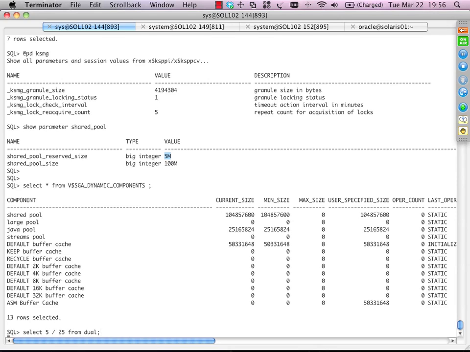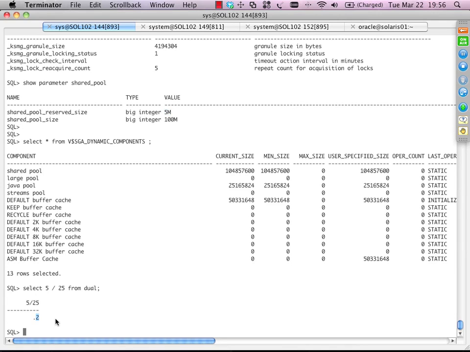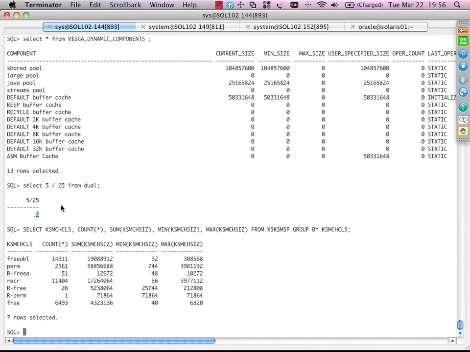About 200 kilobytes per granule, right? So I have about 200 kilobytes per granule. So when I start up, yes, Oracle allocates 5 megabytes of reserved area. But you see, we actually have 26 free chunks here.